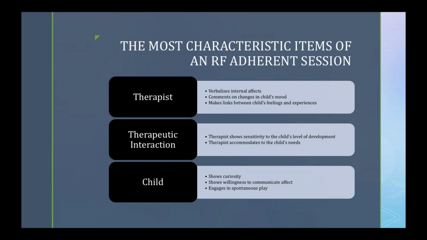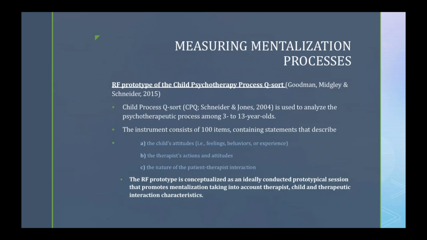So, for the first question, for mentalization adherence, we use a measure called the Child Process Q-sort. It's not specifically a mentalization measure. It actually has 100 different items that describe the child's behaviors, the therapist's actions, and their interaction.